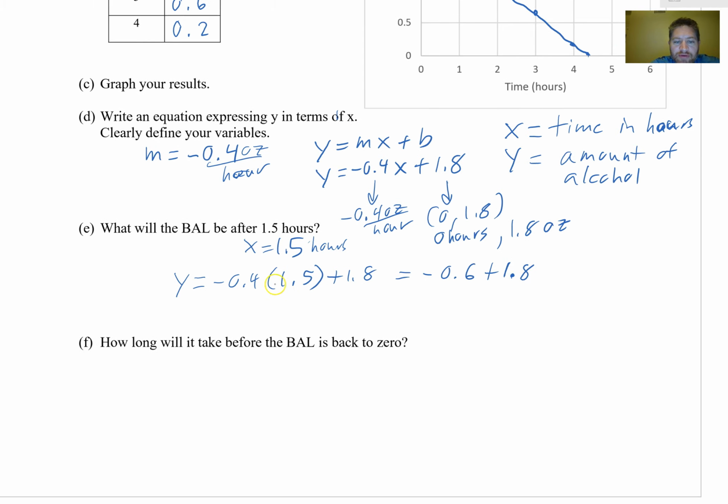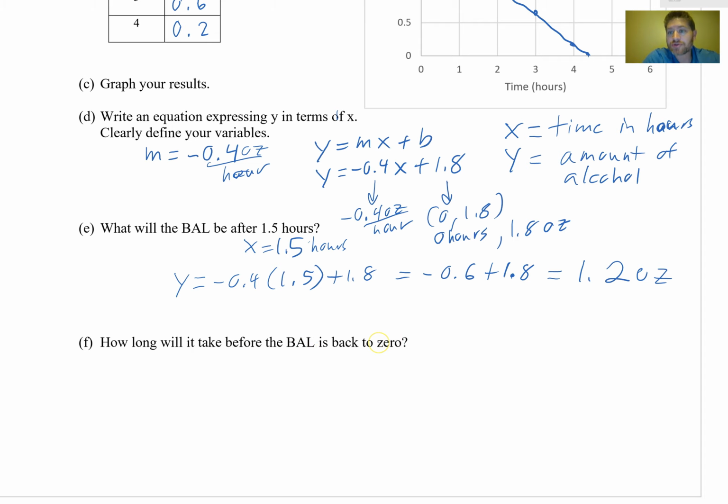If you think about it, it's decreased by 0.4 and then a half of 0.4. So that's 0.6. If we add that to the 1.8, we get 1.2. So how much alcohol is left in the body after 1.5 hours? 1.2 ounces still.